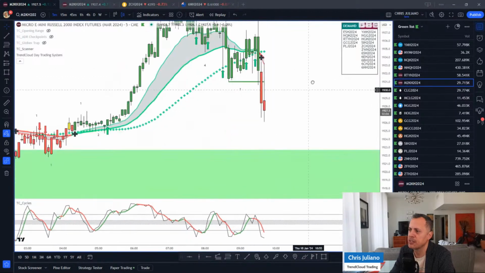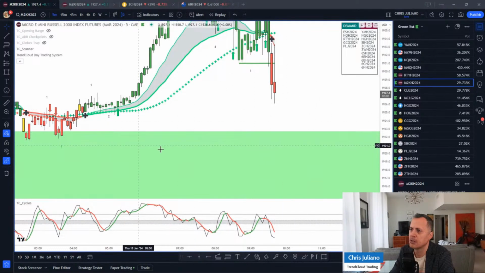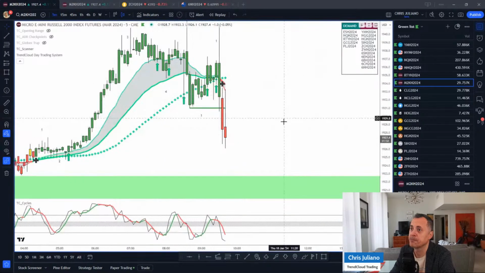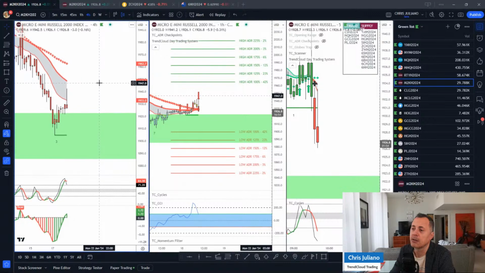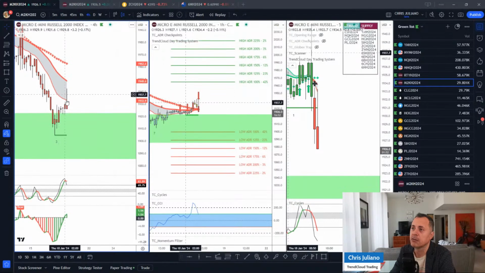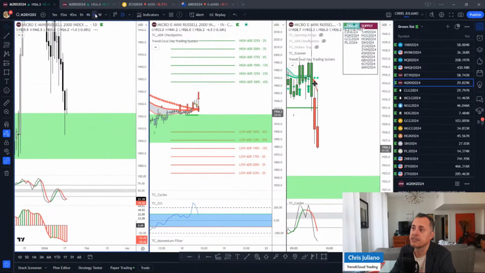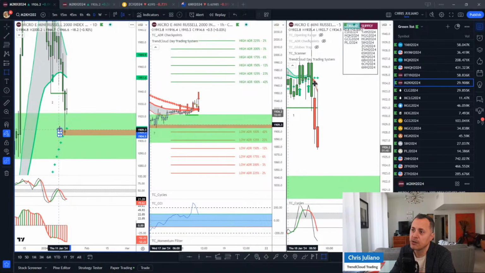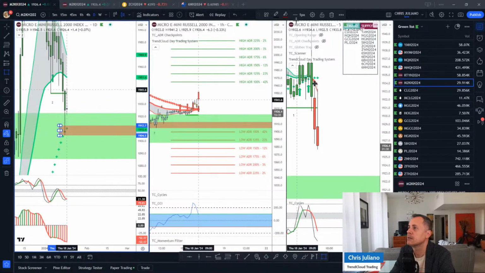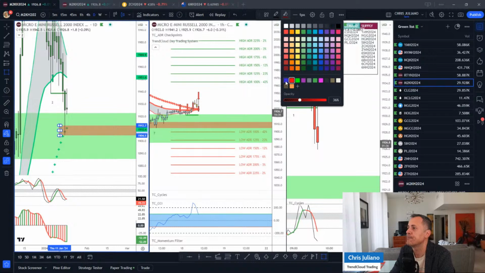Big rejection here, heading back towards that high time frame demand zone, right? Completely following that 4-hour trend. Daily chart, still bouncing off there. Maybe it comes back down and retests that area.